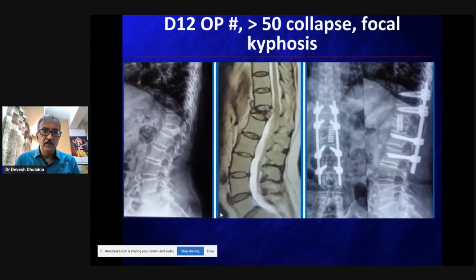Another similar case, a D12 compression fracture, more than 50% collapse with a focal kyphosis. Because of the compression and the local kyphosis, we decided to operate, excised the fragment, put in a cage, and put screws, and the patient had recovery of the neurology.